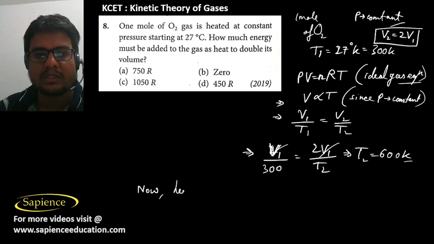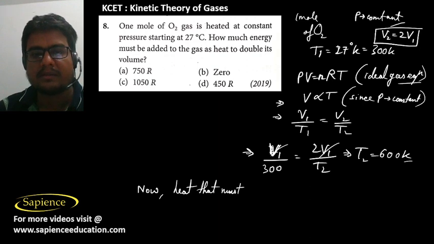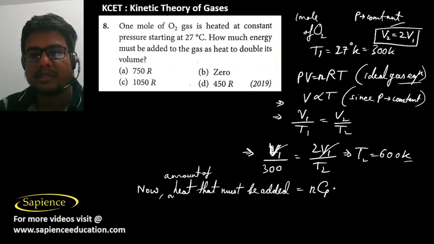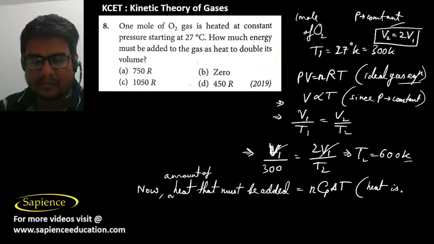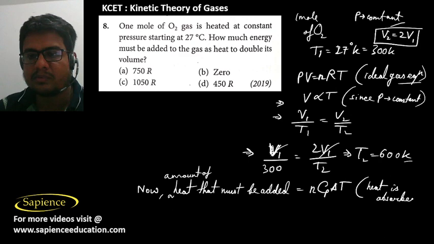Now the amount of heat energy that must be added to the gas should be equal to n Cp delta T, since the heat is absorbed at constant pressure.